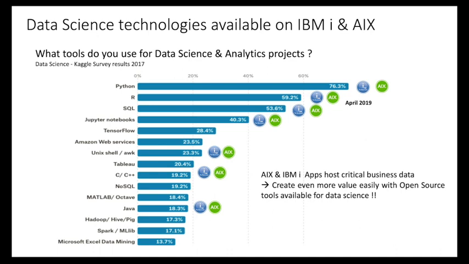Looking at the survey results, most of the technologies data scientists use are available on IBM i: Python, R, SQL, Jupyter notebooks. So you can easily get started with machine learning on your platform, close to your data.